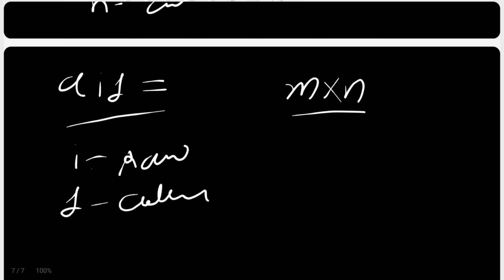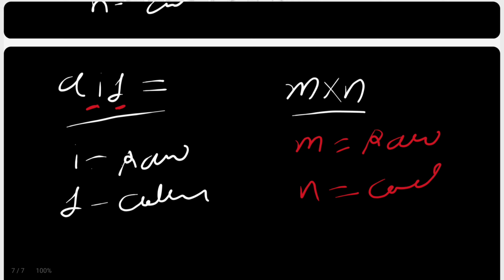Like that, m means row and n means column. Always remember, i or j means row and column, and mostly we also use m and n for rows and columns.